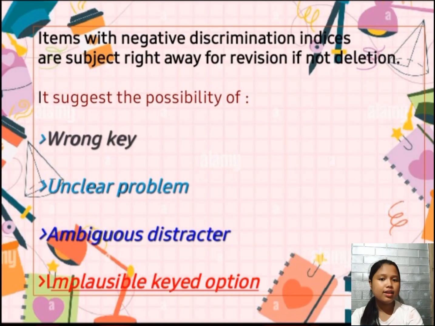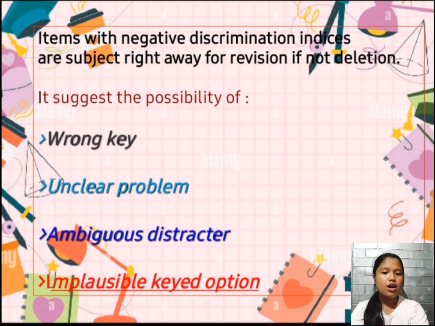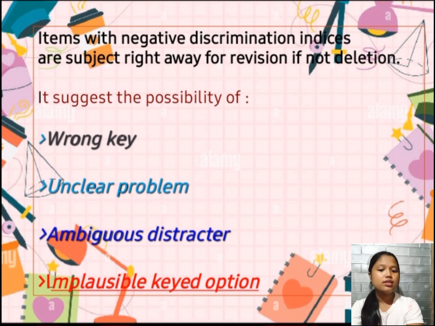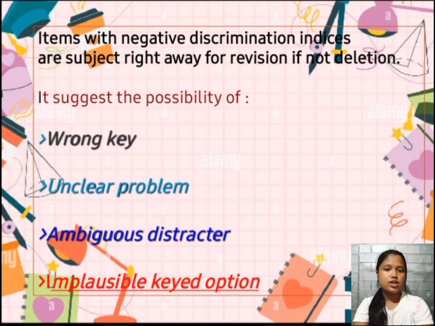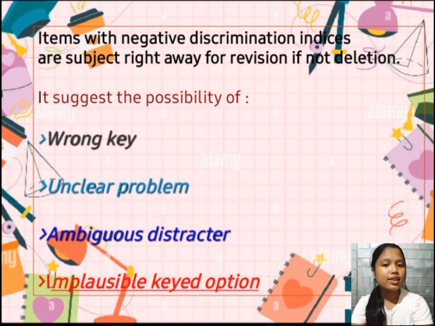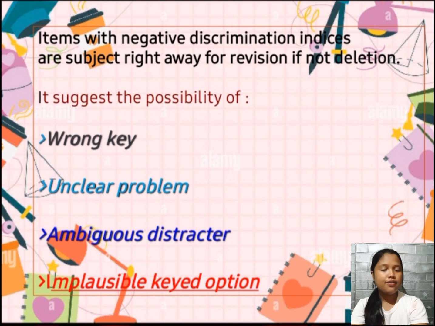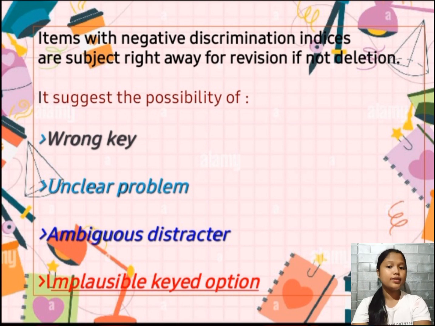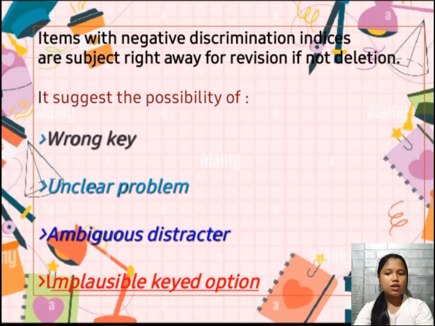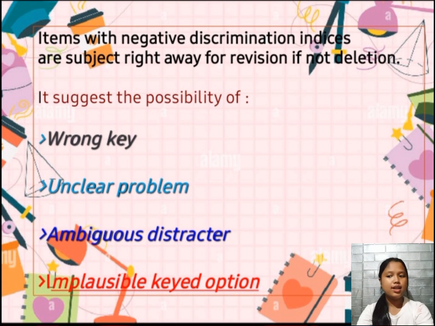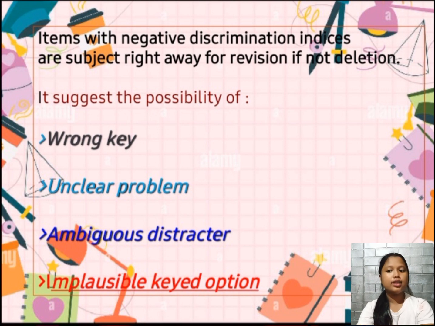Items with negative discrimination indices, although significantly high, are subject right away to revision, if not deletion. With multiple choice items, negative discrimination is forensic evidence of errors. It suggests the possibility of a wrong key, where more knowledgeable students selected a distractor, which is the correct answer, but not the key option.